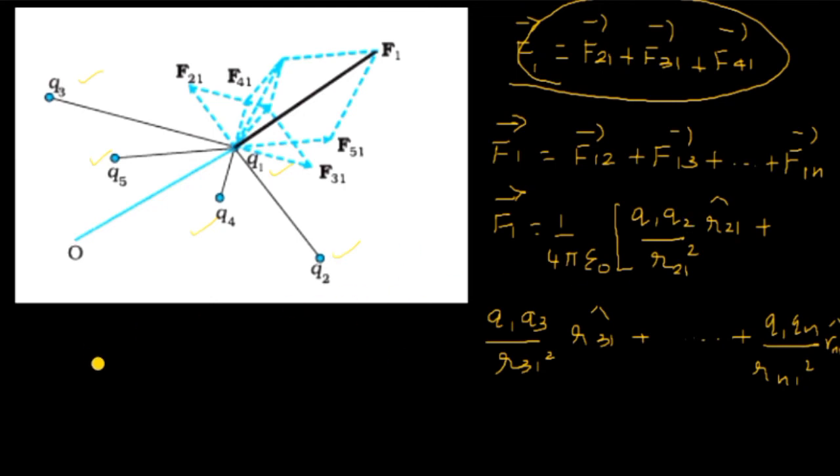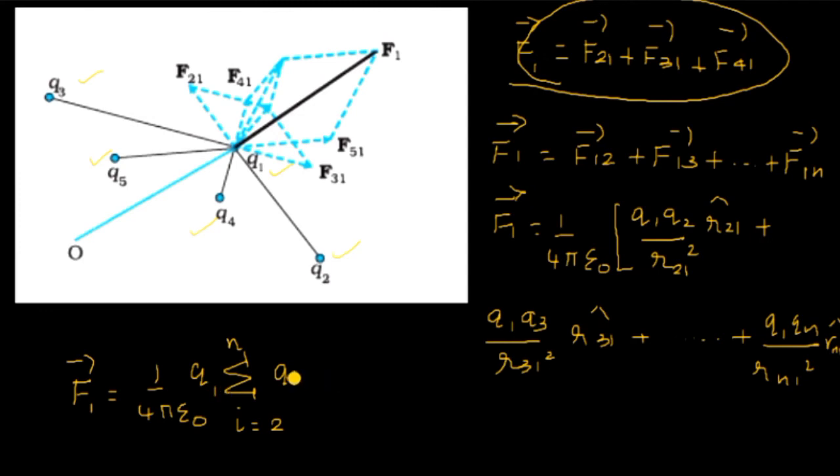Instead of writing in this way, you can find out the total force this way. F1 vector is equal to 1 upon 4 pi epsilon naught, which is a constant. Then we can write this as sum over i equal to 2 to n. In all the terms we have q1, so we can take this q1 out.